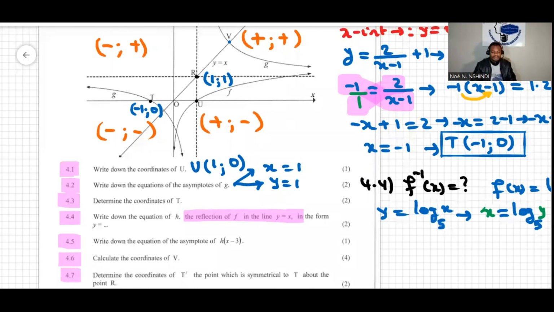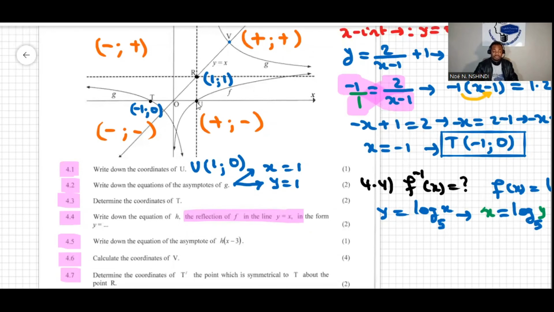So symmetrical has to do with the midpoint. Before I draw the graph or the points, I'll show you something here. See where t and r are. So t and r are the 2 points. Now, if you look at the x coordinates from t to the x coordinate of r in the horizontal, they are 2 units apart.